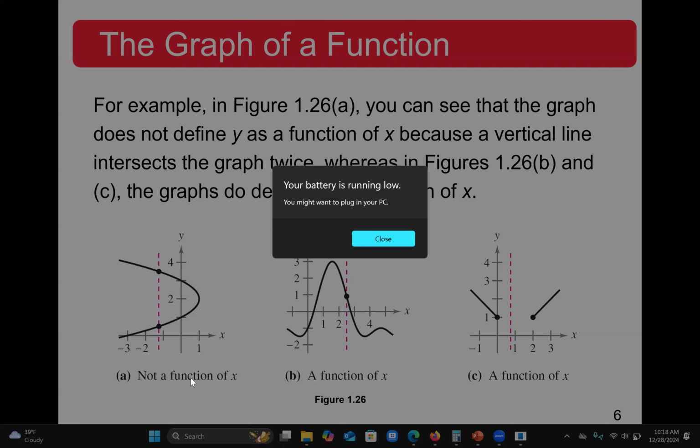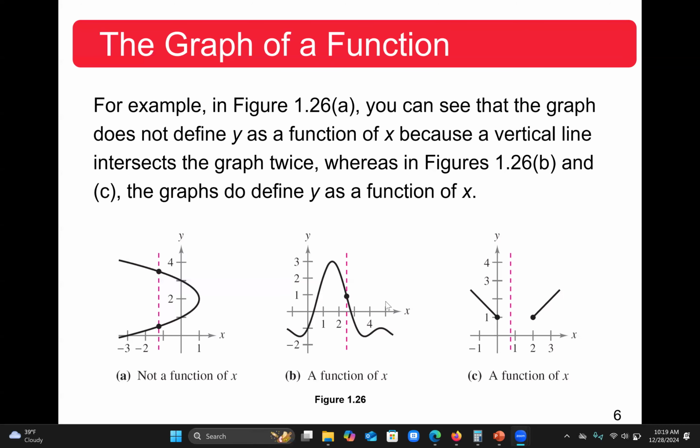Now, in the next one, we can see that the intersection is only once. So this means, again, it's a function. So B is a function of x. Now we can look at the third one, and the third one also we can see that it's a function of x.